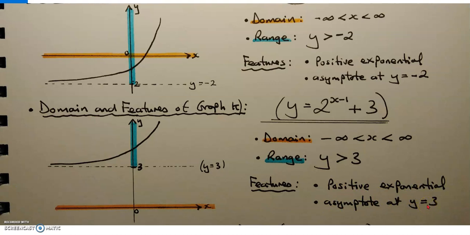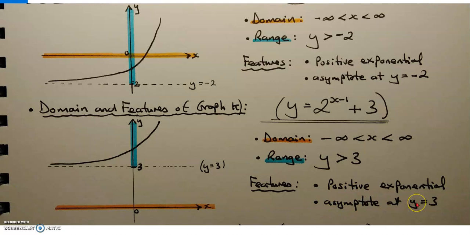Okay, and you mustn't forget that if you want full marks, after you've found the equations of these exponentials, or any graph really, you need to state what you think the domain is, state what you think the range is, and you must mention the features of the graph.